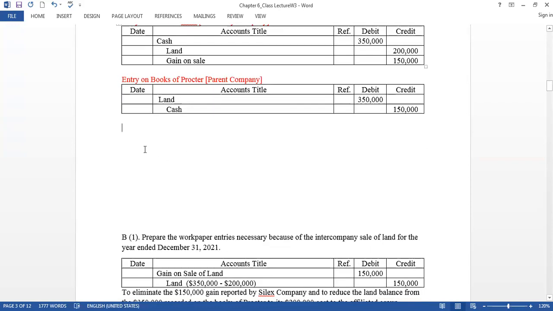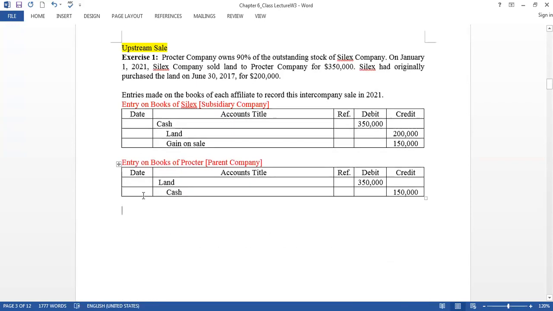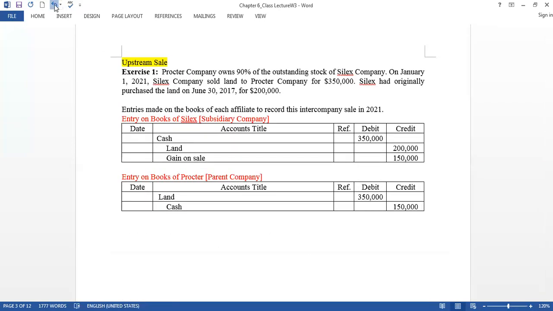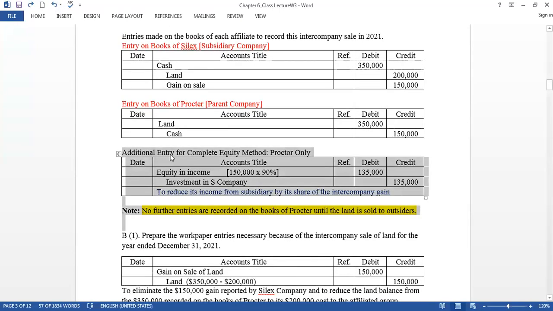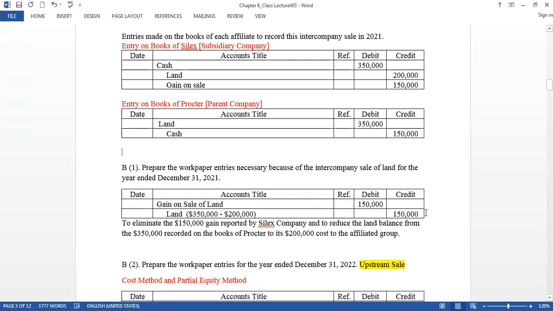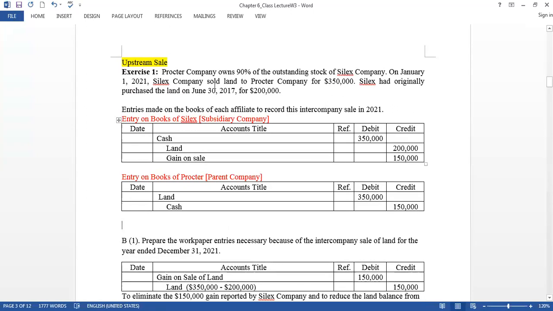Do you understand which part you have to delete? I'll show you again. Delete this additional entry, because this is not necessary for this question actually. Now read one question first, upstream sales.